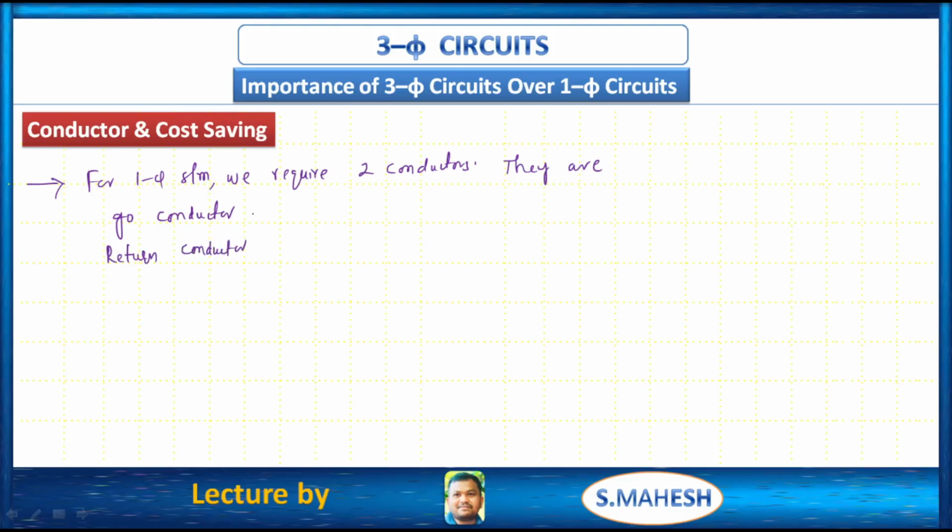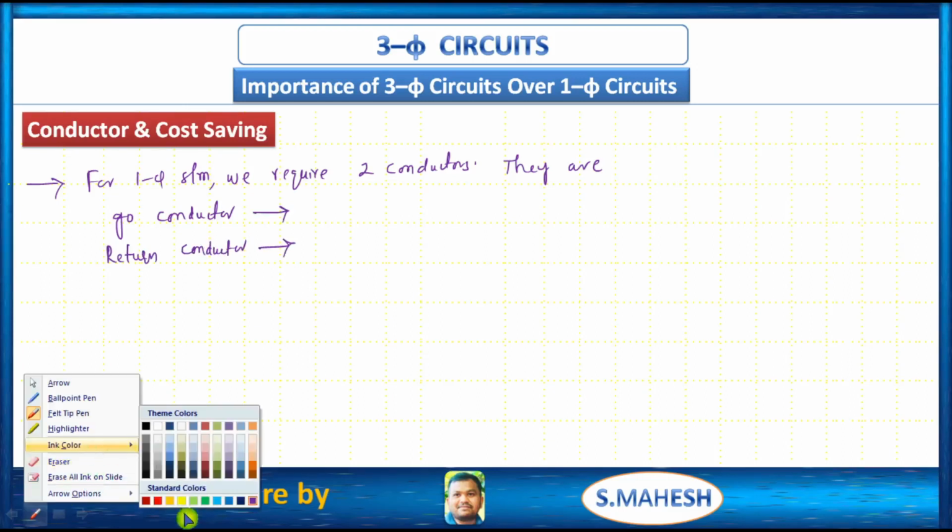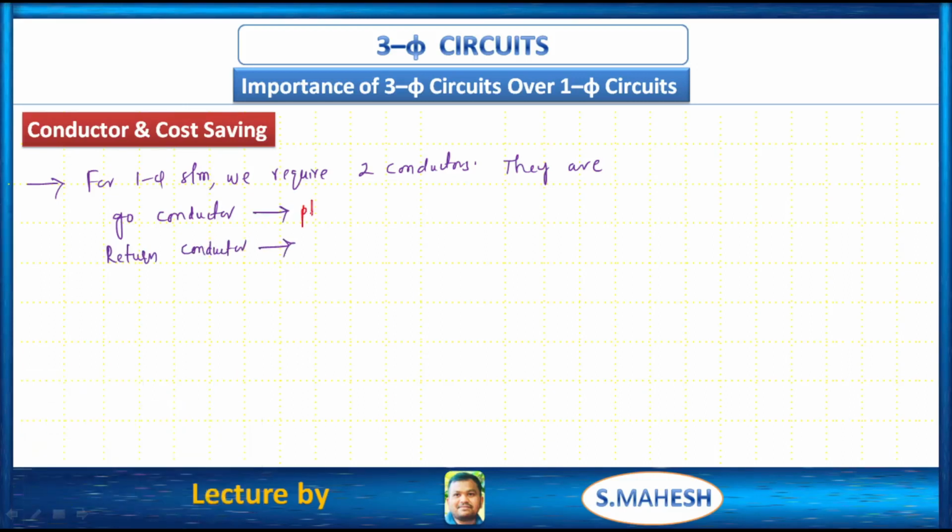Go conductor means phase, return conductor means neutral. Right? One carries power and the other carries no power. Means what?